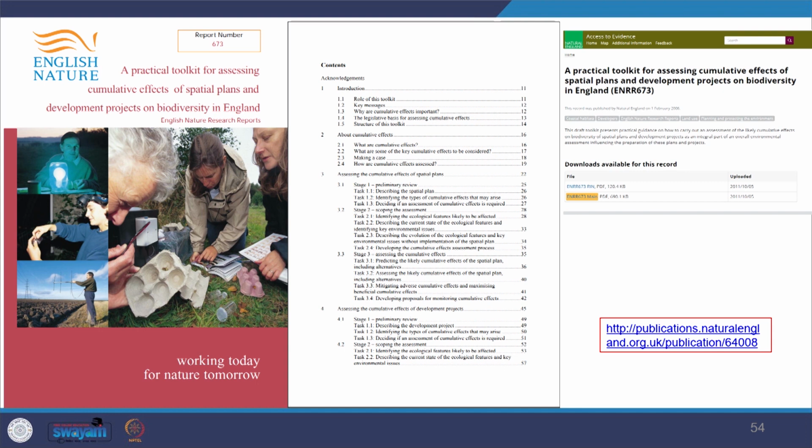And then you can see how you take care of spatial plans, what stages you follow, and then it gives you the whole range of how you assess cumulative effects. So these guidelines are available for domain-specific areas.